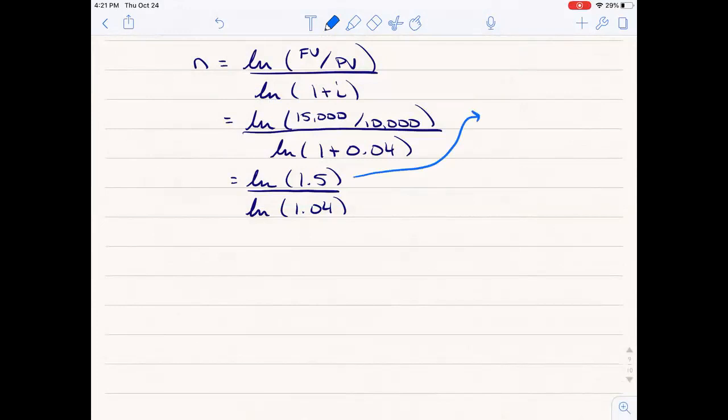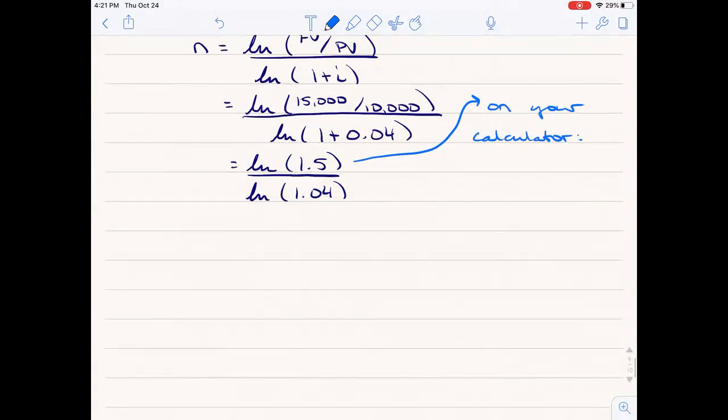We've done it before, but on your calculator, you're going to have 1.5 on the screen, and then hit the LN button, and then equals just in case.